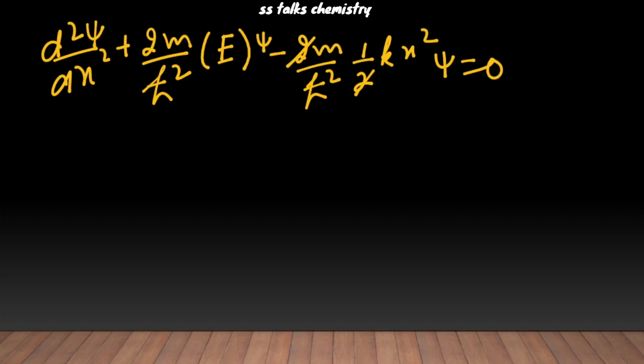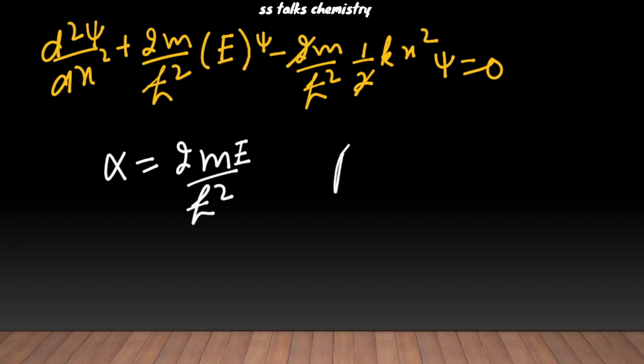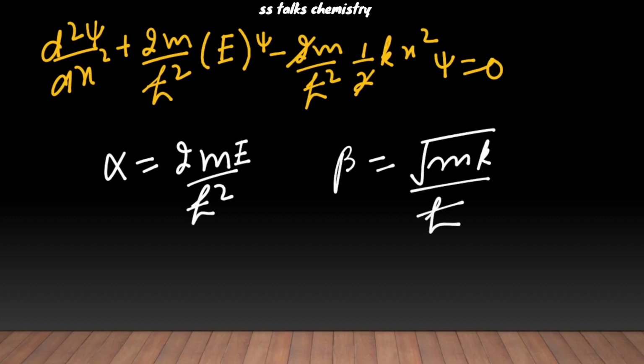Now in this, the substitutions we make: we substitute alpha as 2mE/ħ², and beta as root of mk/ħ.